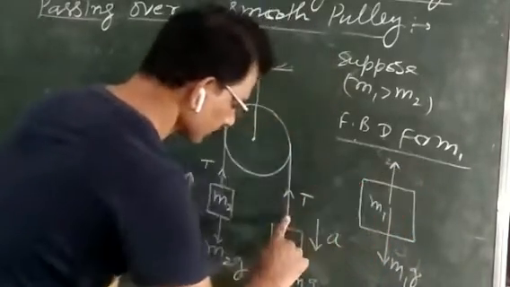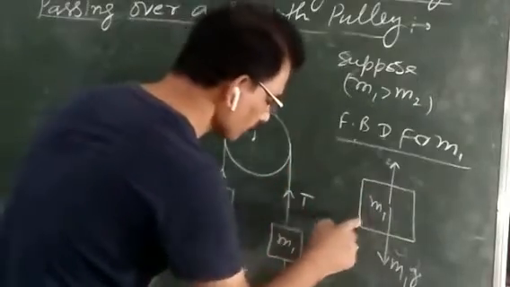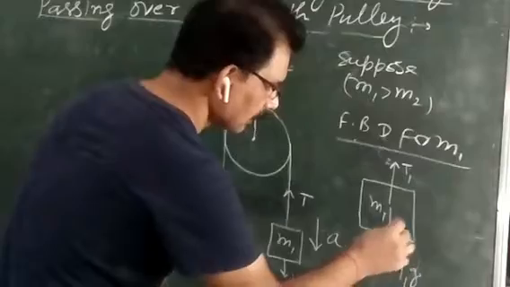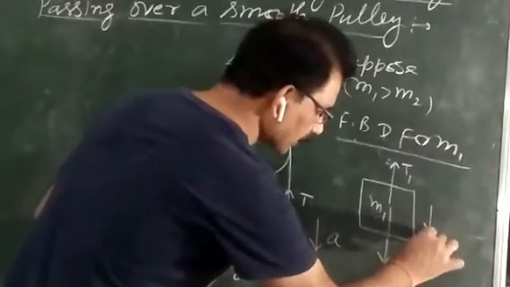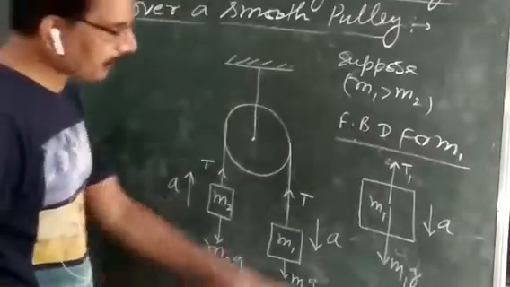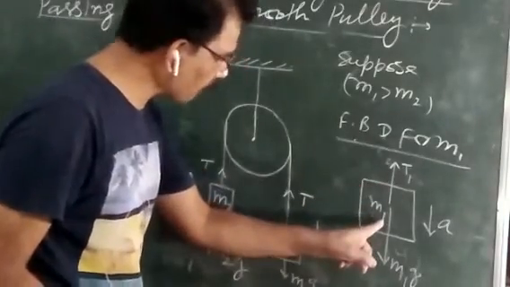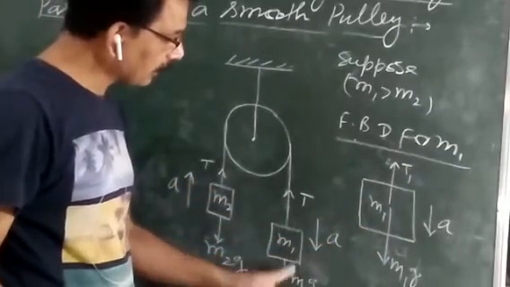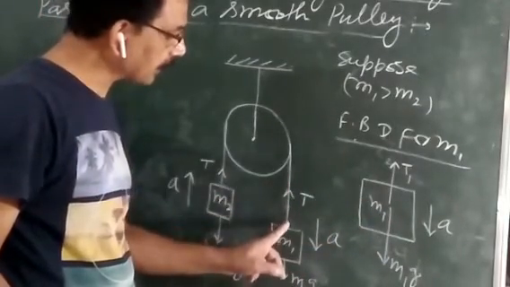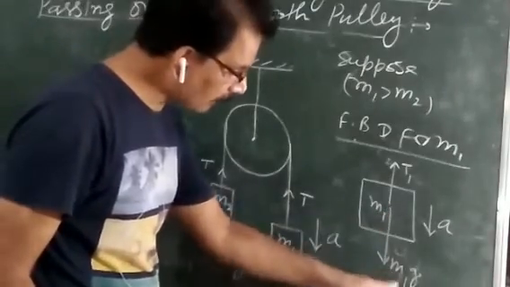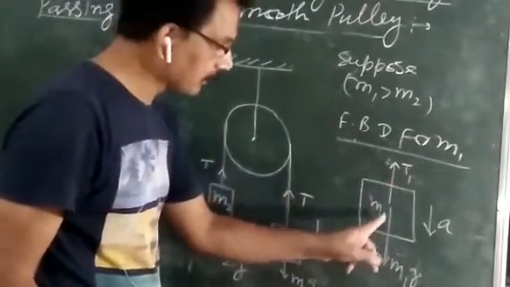Tension T in this string which acts on this mass M1 will act upward. And acceleration is acting in what direction? Downward. It means how many forces are acting on this mass M1? Two forces. Weight as well as, through this string, a tension is also acting on it. But M1g is acting downward and tension is upward.